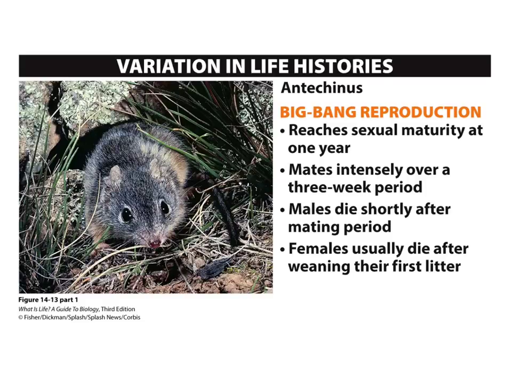One example of Big Bang reproduction is the antechinus. This type of mouse reaches sexual maturity at about 1 year of age. They mate intensely for about 3 weeks, and then the males die shortly after mating. Females will bear their litters, wean them, and then they usually die right after the first litter is gone.